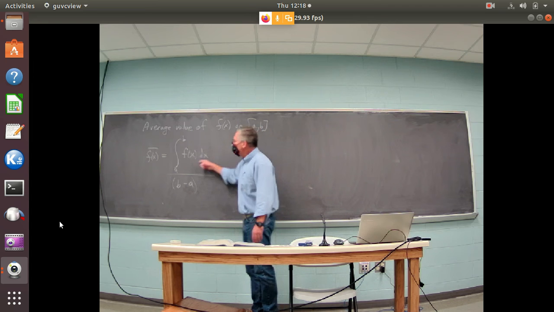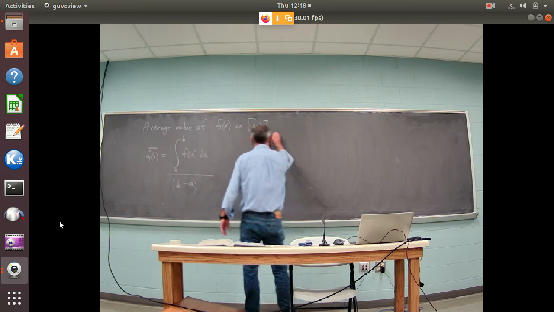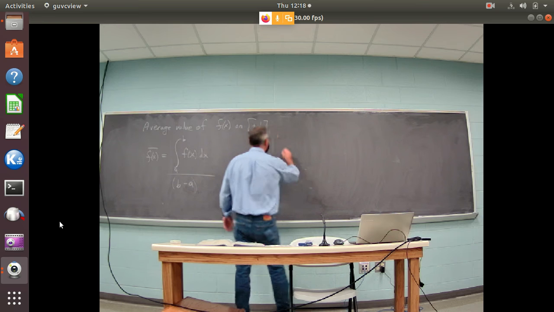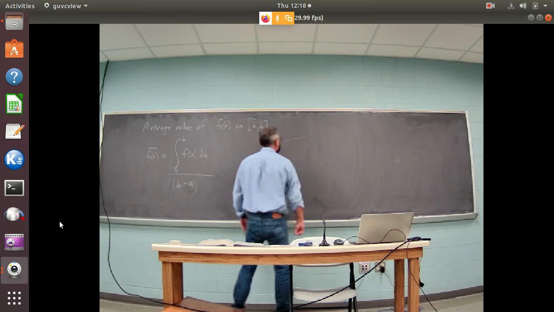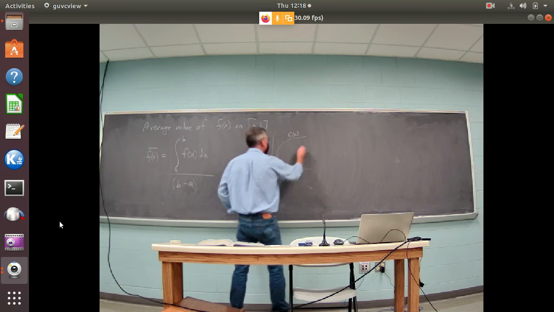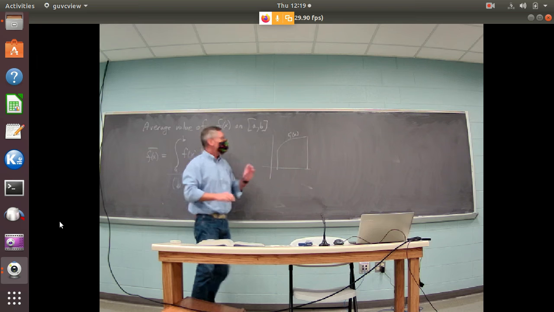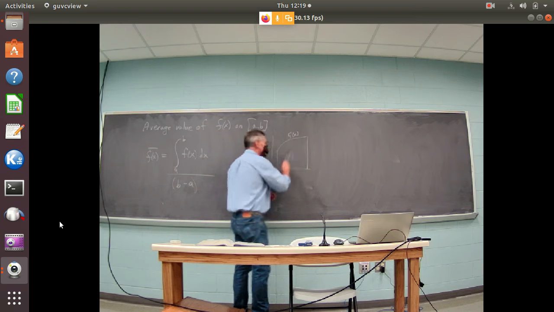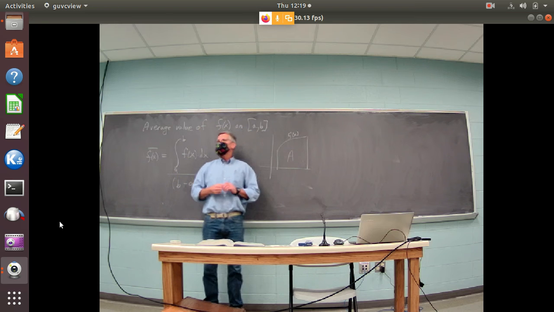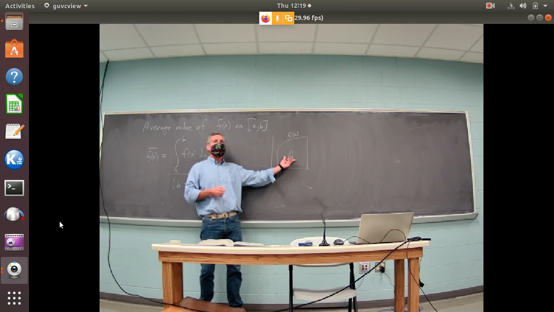And so if you think about the picture of this for some function, there's my function f of x, and what I've done with the numerator is I found that area. Okay, that's a great way to interpret what I've just done. So that's the numerator.